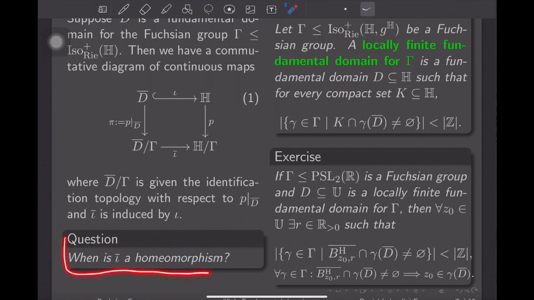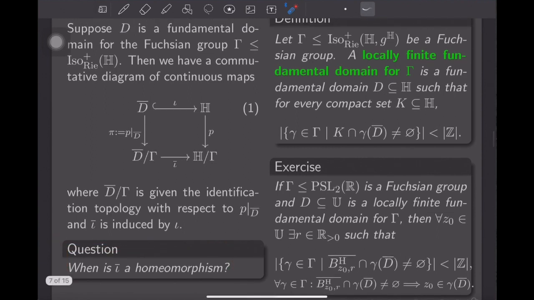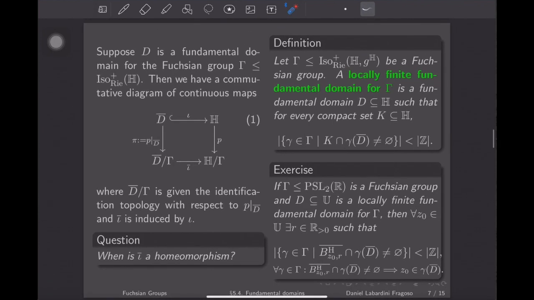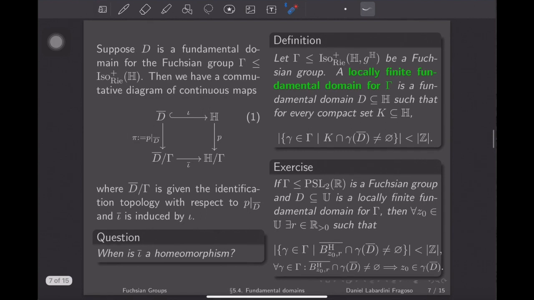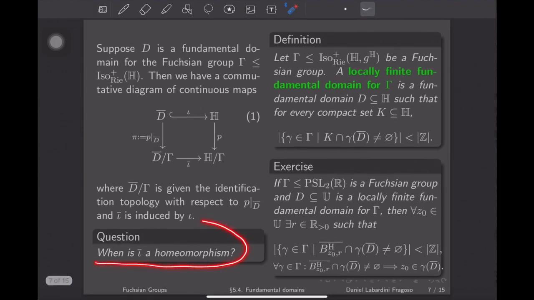Being able to answer when it is a homeomorphism, or let's say if I have a fundamental domain for which this is a homeomorphism, what I would be saying is precisely that the fundamental domain would allow me to visualize this simply in terms of performing the gluings that the group gamma dictates. The answer for when it is a homeomorphism is going to be precisely when the fundamental domain is locally finite.